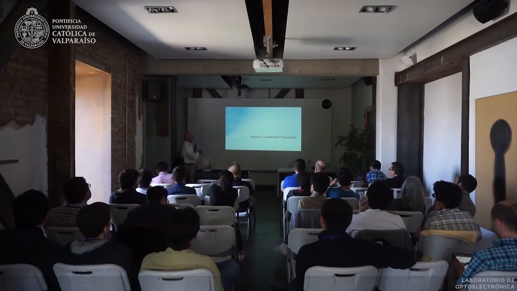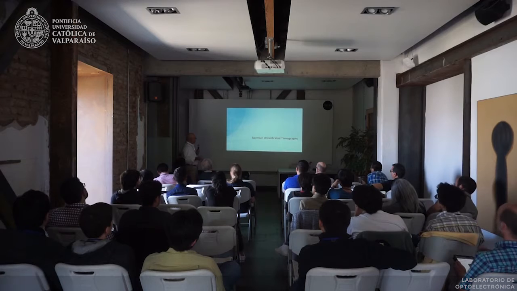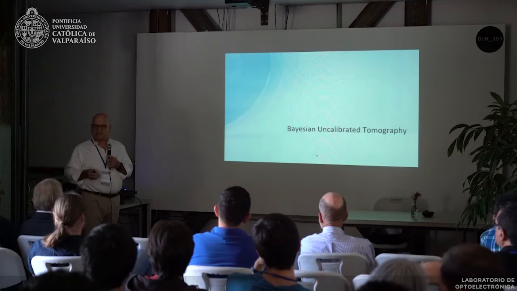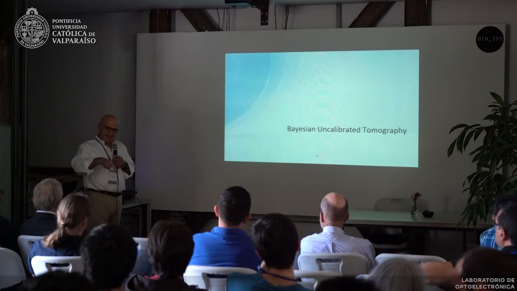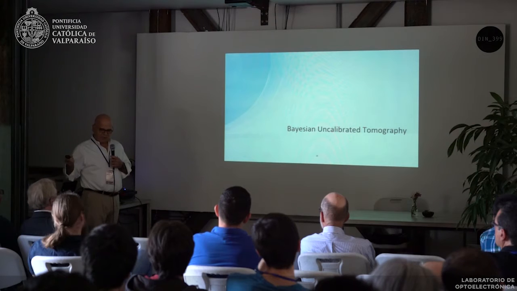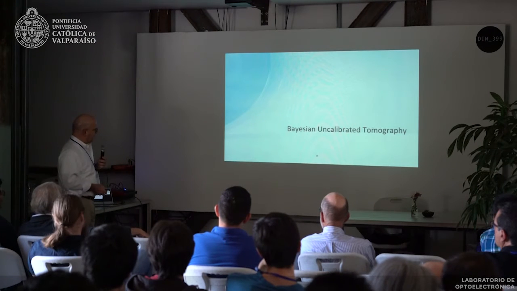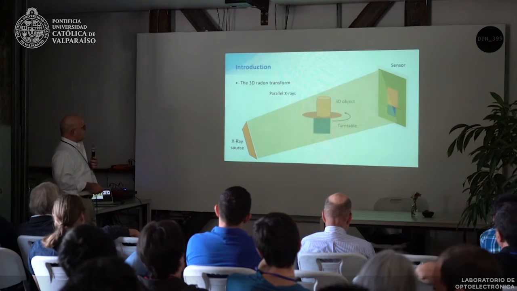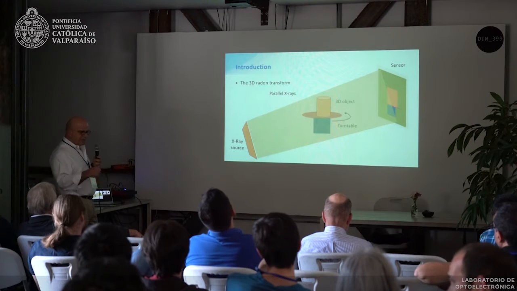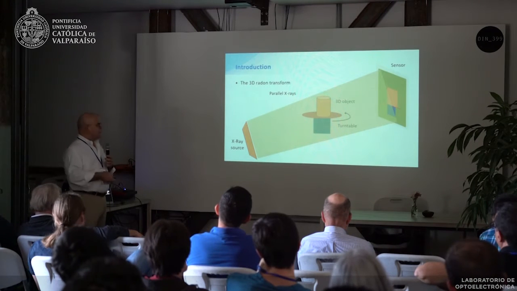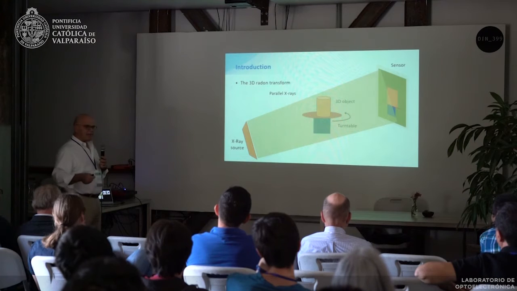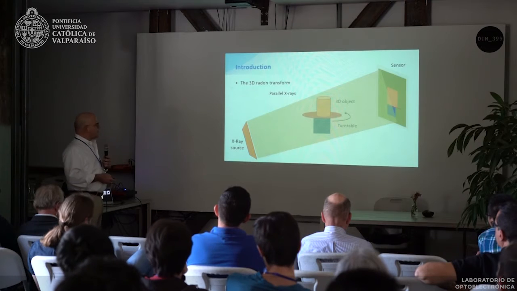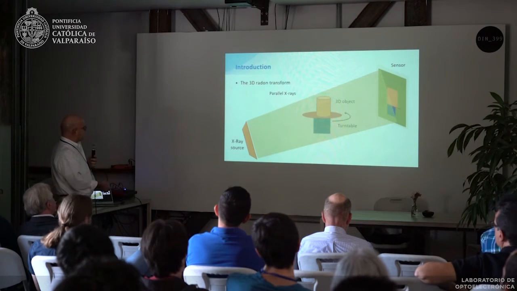Okay, so I'd like to go real quick through a problem that we follow a standard, traditional Bayesian type of approach in solving, but I will make a point which I will revisit at the end where deep learning can take a place. So uncalibrated tomography means that you solve the tomography problem, but when you do nanotomography, for example, the specimen here, the 3D object, is subject to shifts, three-dimensional shifts, X, Y, Z. And of course, you get the projections as shown here.